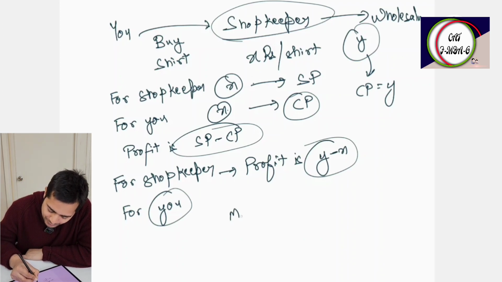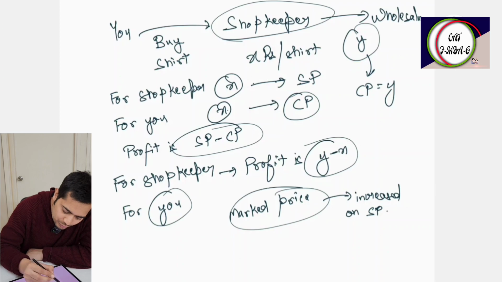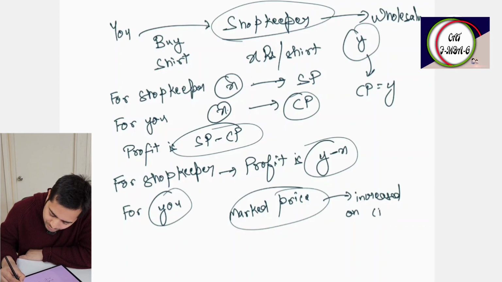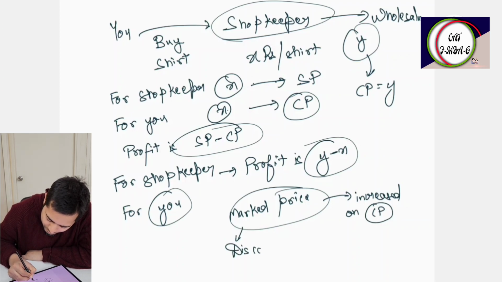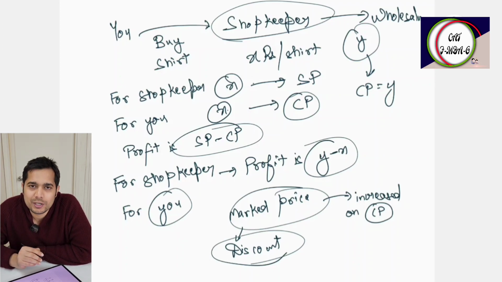So marked price is increased on the cost price for the shopkeeper. Then he gives a discount to you, and on that discounted price he sells that product to you.